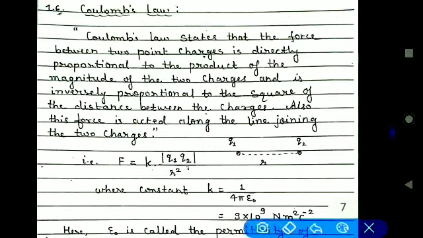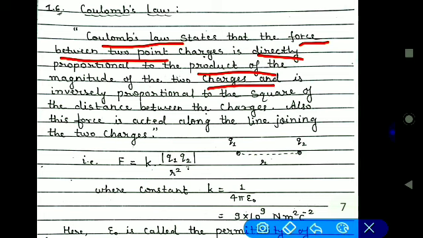Coulomb's law states that the force between the two point charges is directly proportional to the product of the magnitude of charges, and it is inversely proportional to the square of the distance between the two charges.